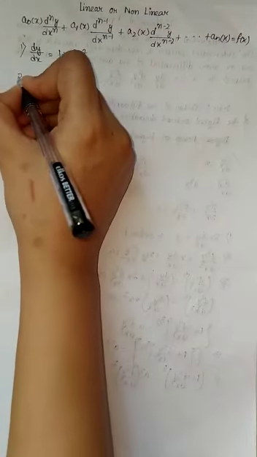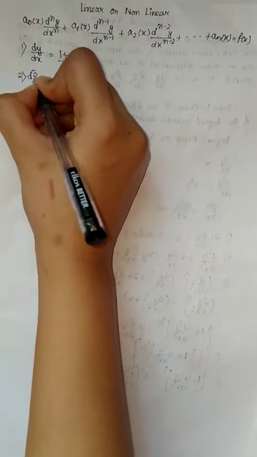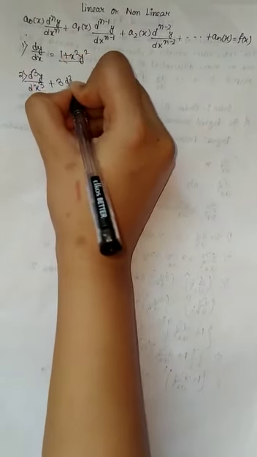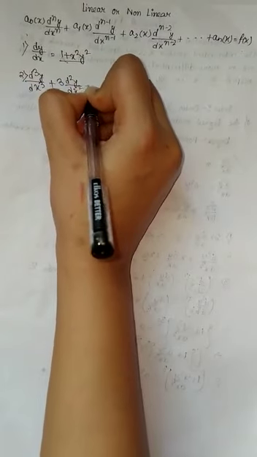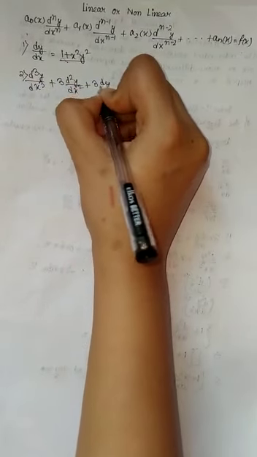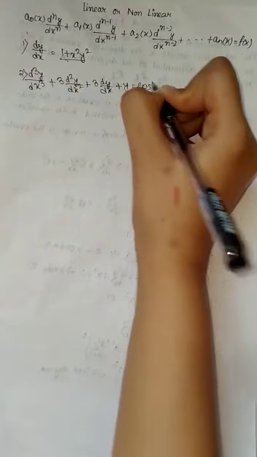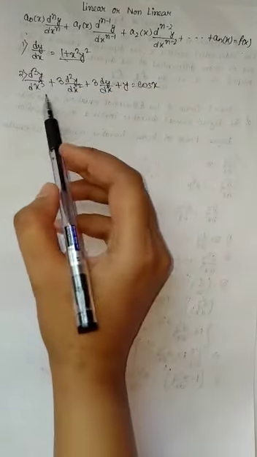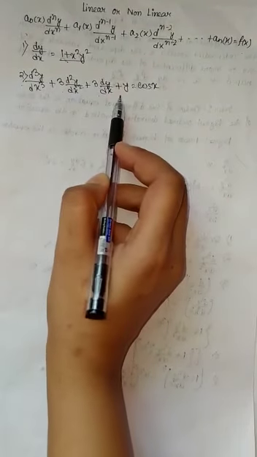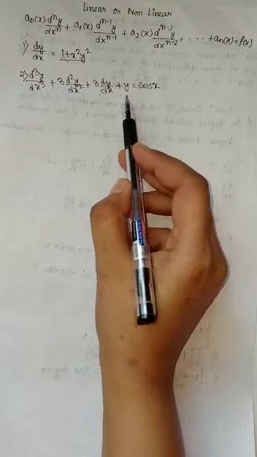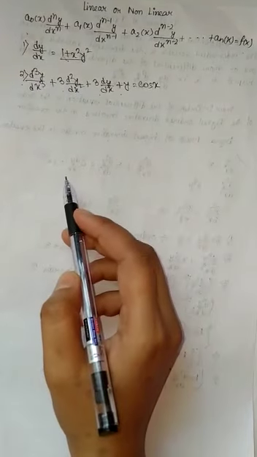Next, number 2, d3y/dx3 plus 3 d2y/dx2 plus 3 dy/dx plus y equals cos x. Here all the coefficients are constants and f of x is a function of x. So it is a linear equation.